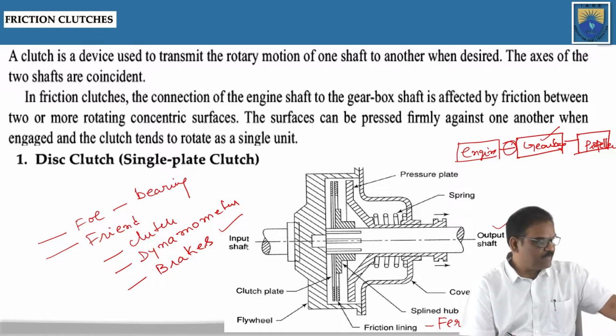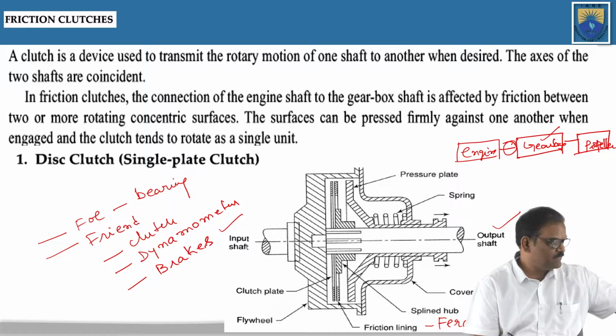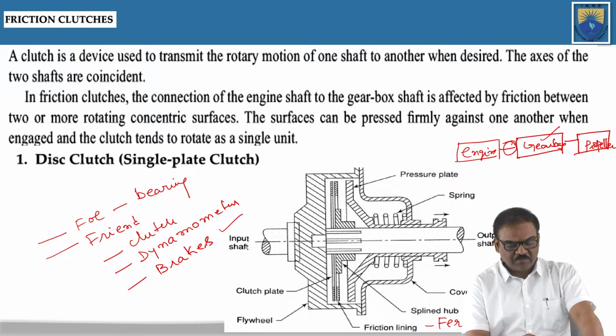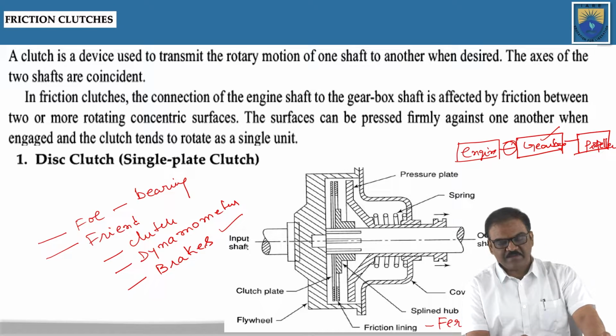At these areas we consider friction a friend, whereas in bearings friction is not an acceptable criterion because power will be lost. As a friend, friction is considered for clutches, dynamometers, and brakes.